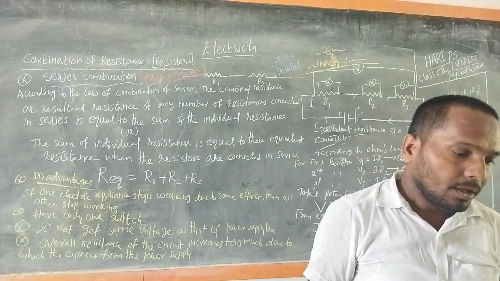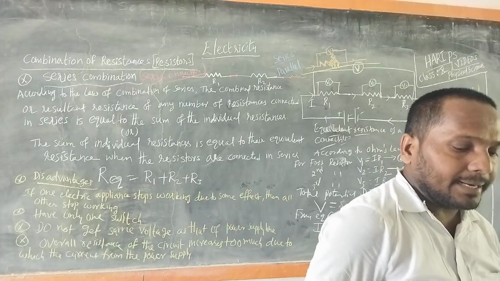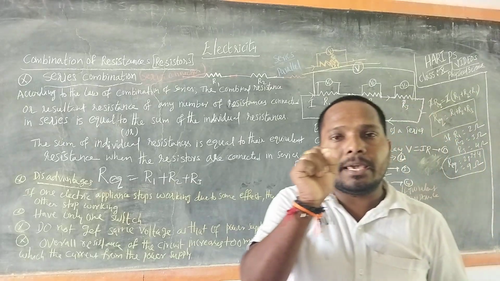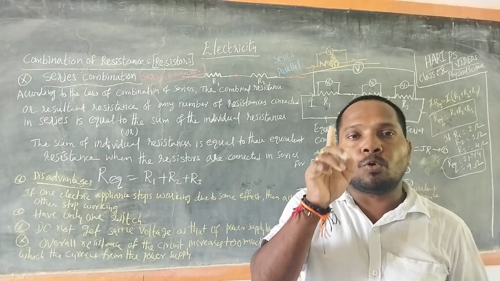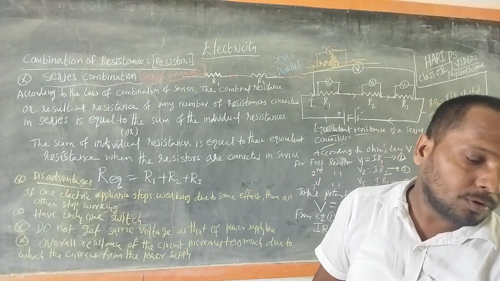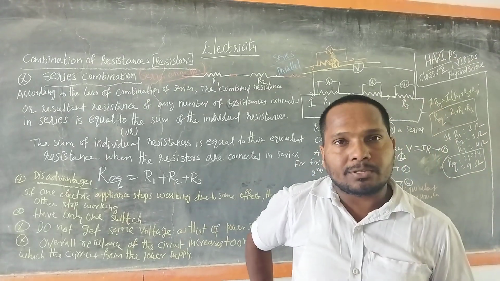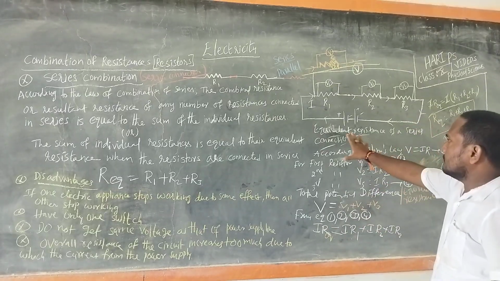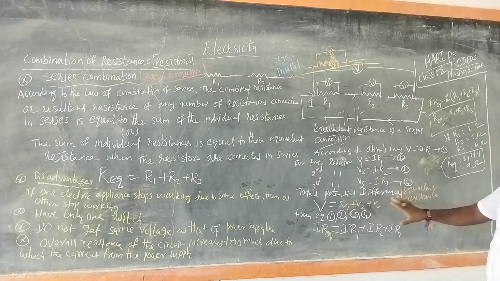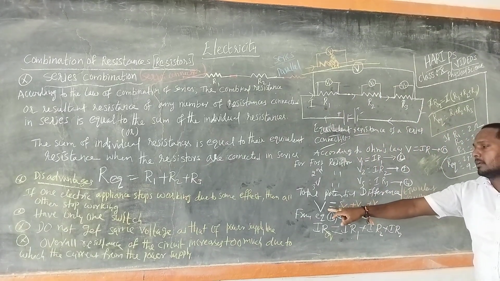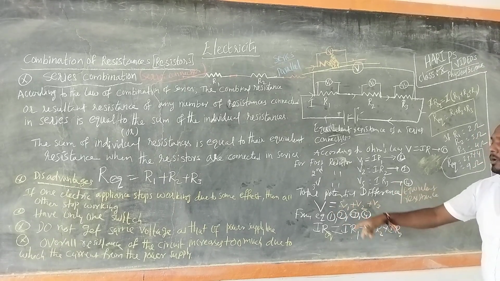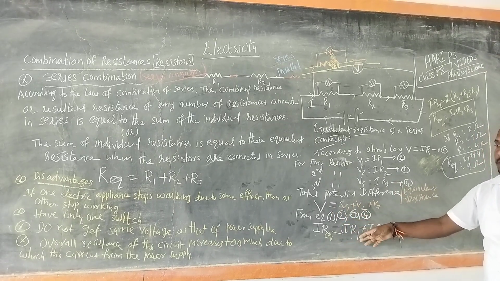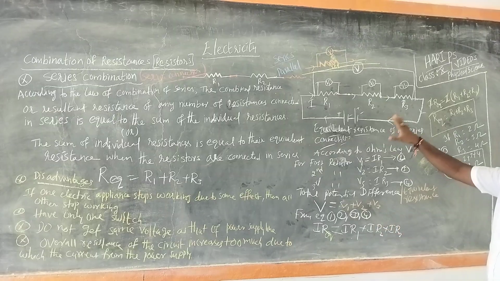When a number of resistors are connected in series, the same current passes through the circuit as there is only one path. That's why the total potential difference V is equal to V1 plus V2 plus V3. Based on that, we can calculate the total resistance of the resistors.